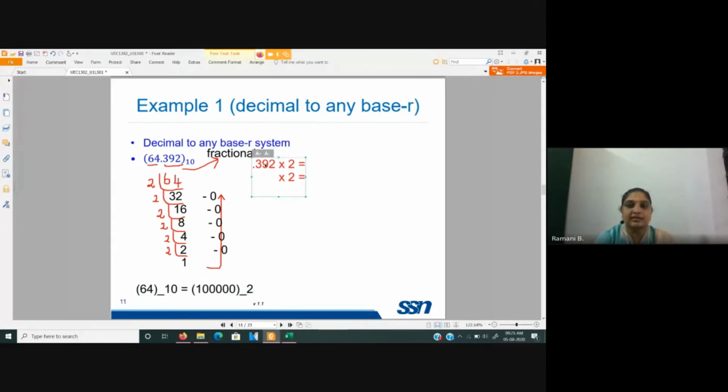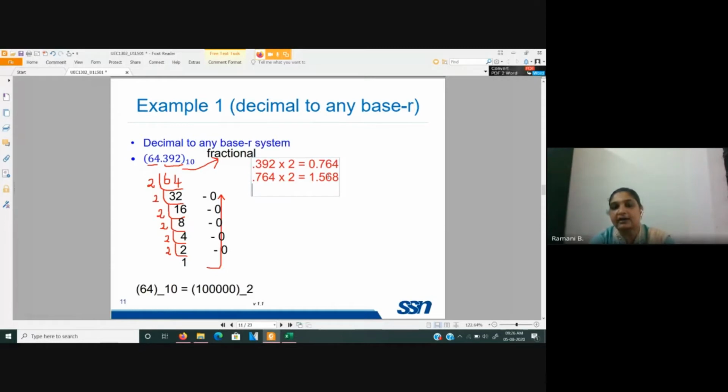So for this fractional part, I said you will be multiplying it. So we multiply 0.392 by 2 and we get the answer 0.784. Now this 0.784 is again multiplied by 2 and you get 1.568.